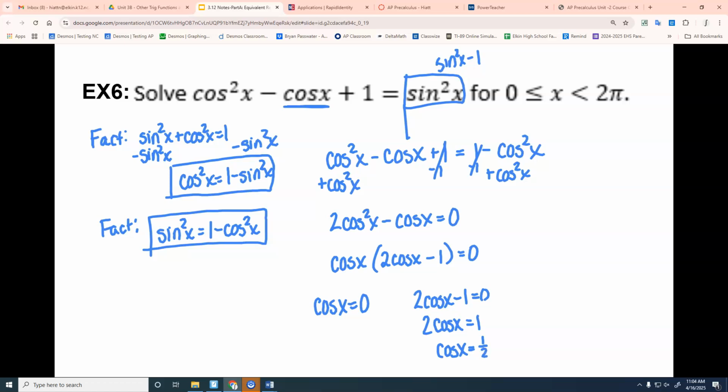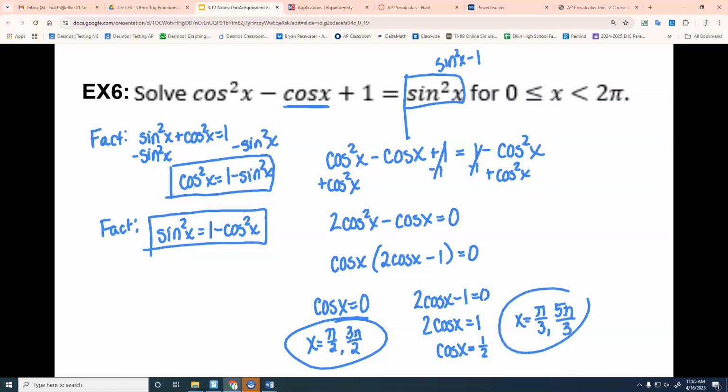And we just need to find the places on the unit circle where this happens. So cosine of x, where does it equal 0? Pi over 2 and 3 pi over 2. So there's 2 of our answers. Where does cosine equal 1/2? Pi over 3 and 5 pi over 3.